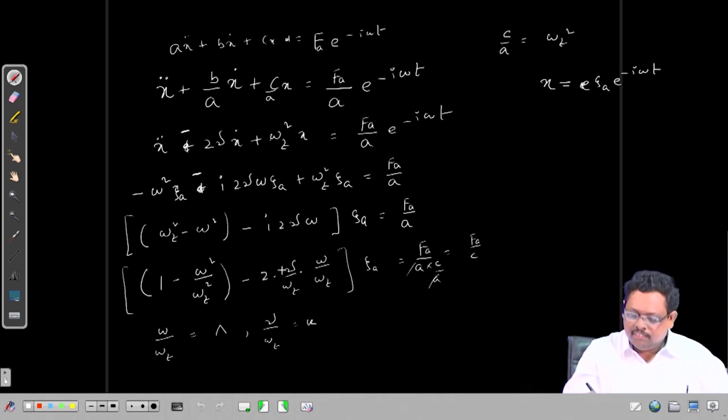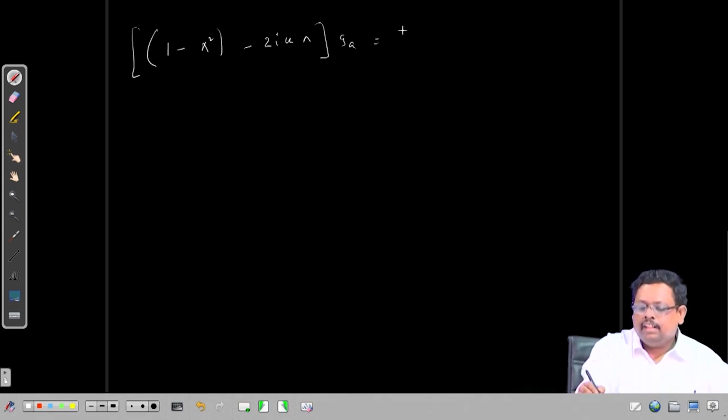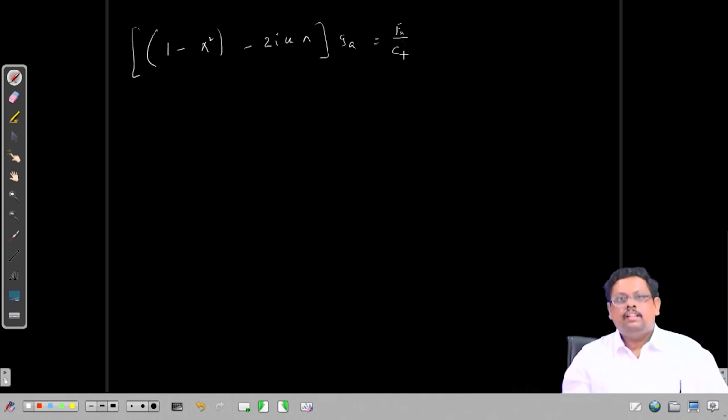Then we have 1 minus gamma square, and then minus 2 i into kappa into gamma, multiplied by xi a is equal to f a divided by c. Now, you see it is a very nice equation that we are getting.